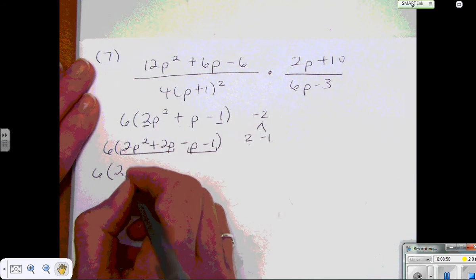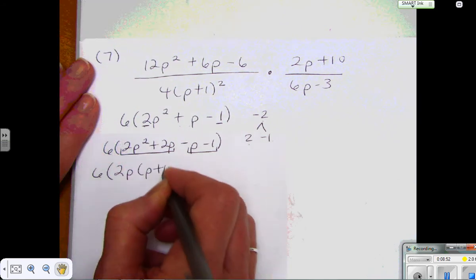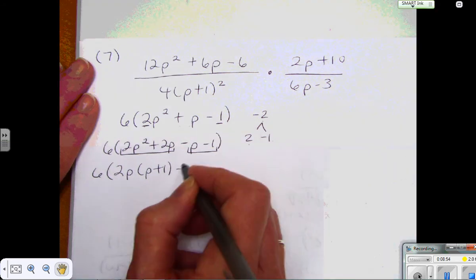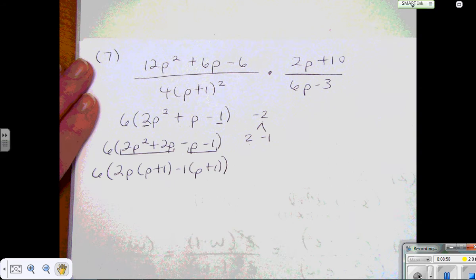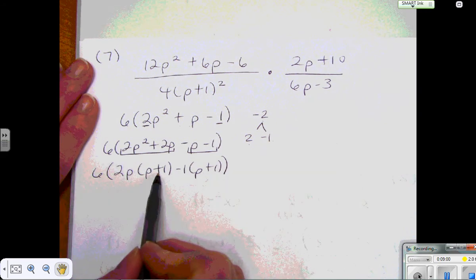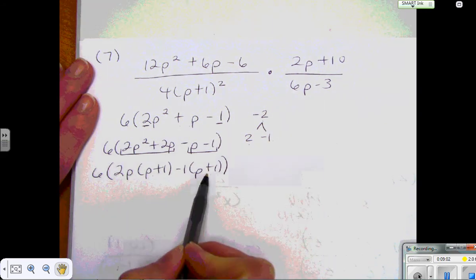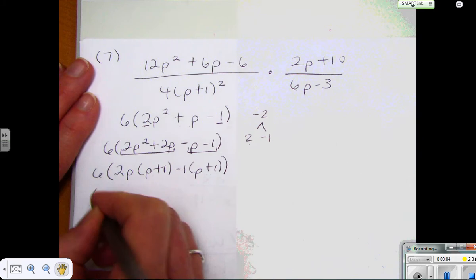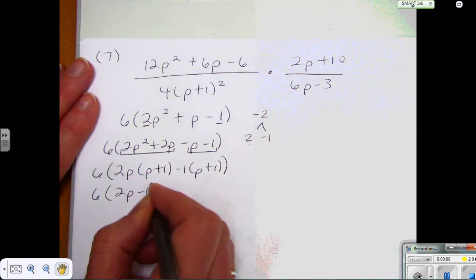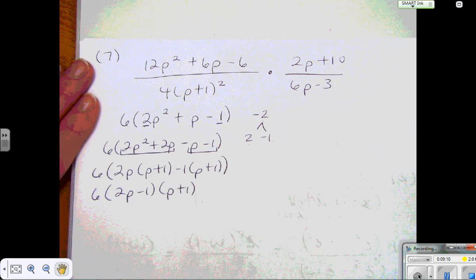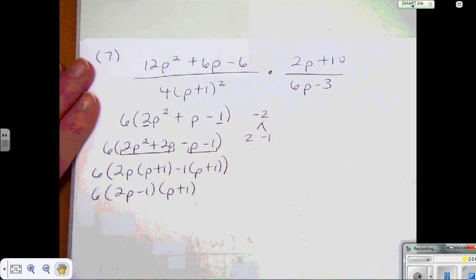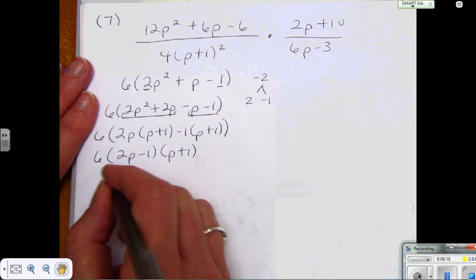So I have a common factor of 2p for my first two terms, and a common factor of negative 1 for the last two, so all the signs are going to change inside that last parenthesis. My binomials match. I have both of them p plus 1, which is what I want. So now I can consolidate the 2p minus 1 and write p plus 1 just one time. Okay, so that's my numerator.